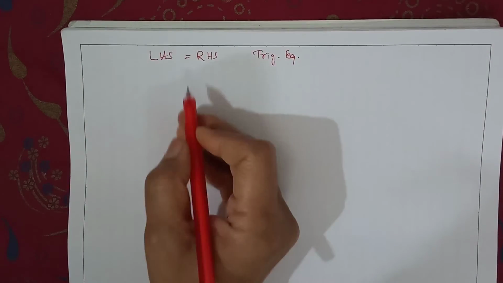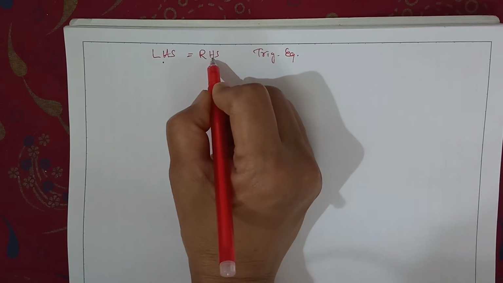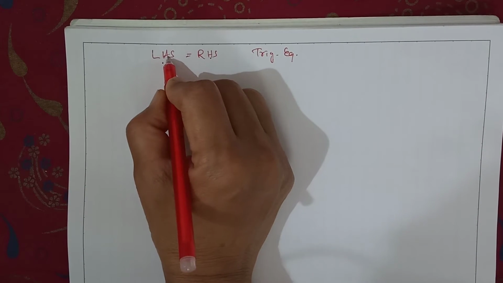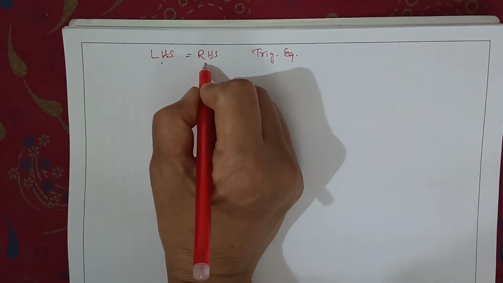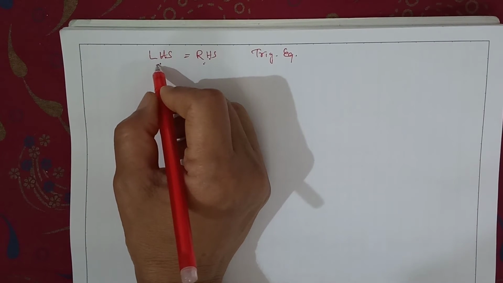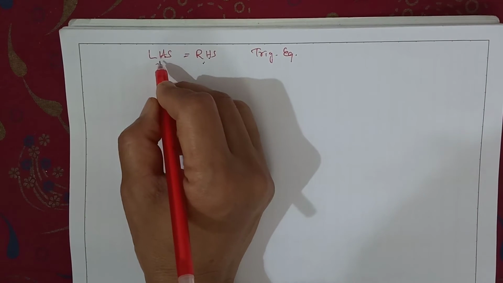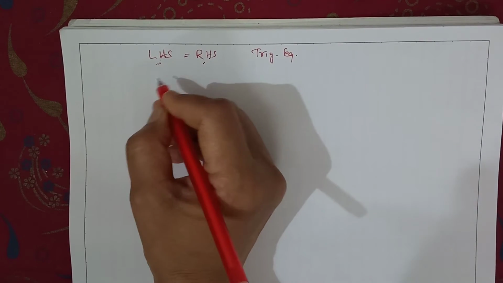Okay, so either you start solving by LHS or you start solving by RHS. If you start by LHS, you must get the answer whatever is given in RHS. If you are going to solve from RHS, you should get the LHS part. But sometimes both the LHS part and RHS part will be difficult, like complicated questions.